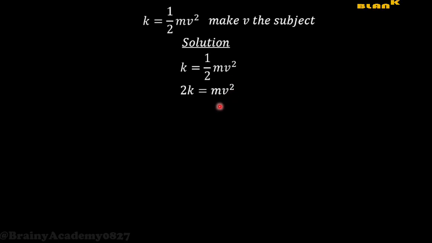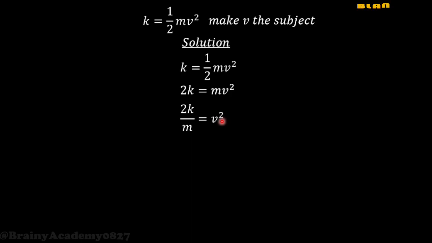We are making v the subject, right? So let's divide both sides by m. This is going to be 2k over m equals v squared. To make v the subject, let's take the square root of both sides. This will eliminate the square on the right hand side.